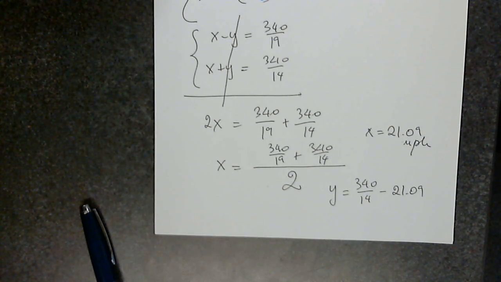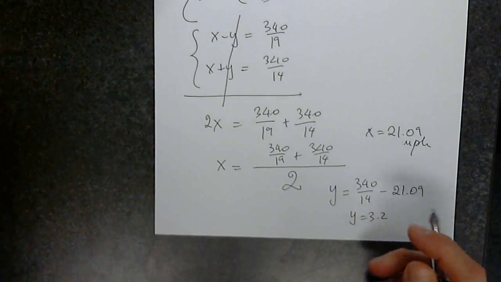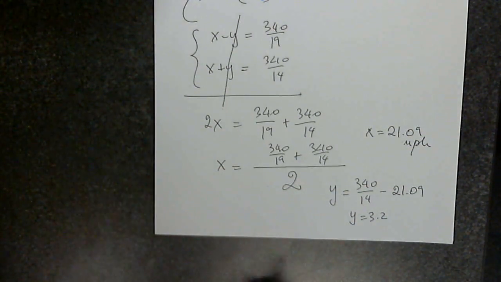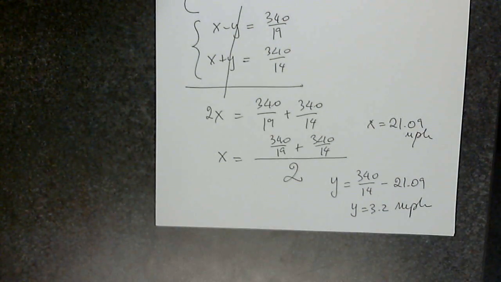Okay, so it's 3.2. So y equals 3.2. Measurement unit, please. Good. The speed of the river. Right, exactly. The speed of the river, or the current, is 3.2 miles per hour, and the speed of the boat is 21.09.